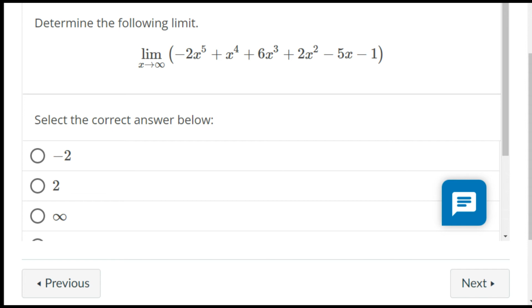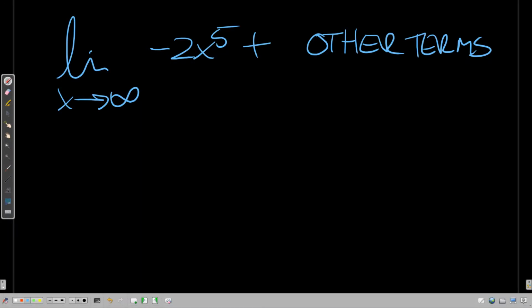Okay, I think you know what I'm going to do here. I'm going to say limit as x goes to infinity of minus 2x to the 5th plus other terms. That's our polynomial. It has a bunch of other terms, but they are all weaklings compared to this dude when x is out by infinity.